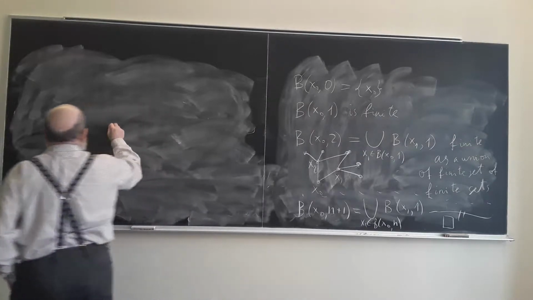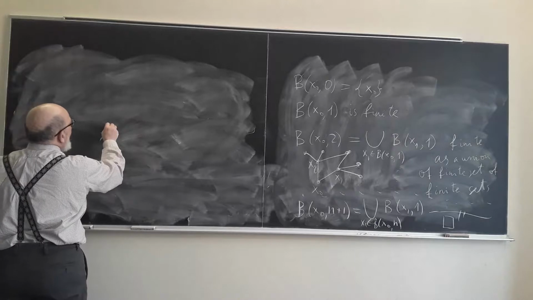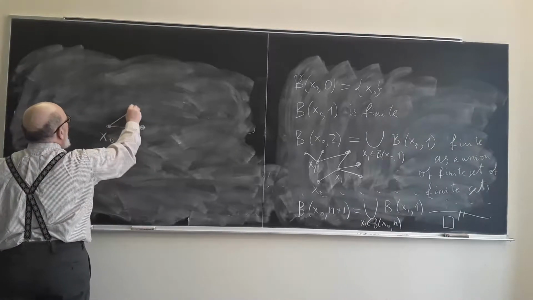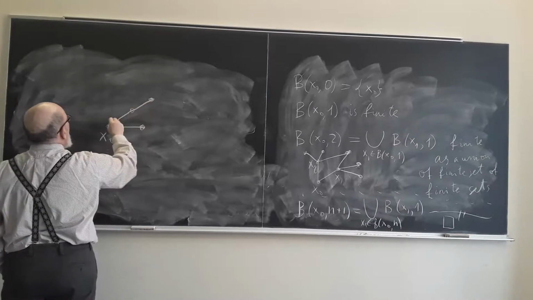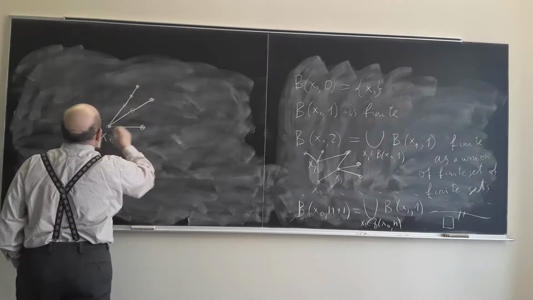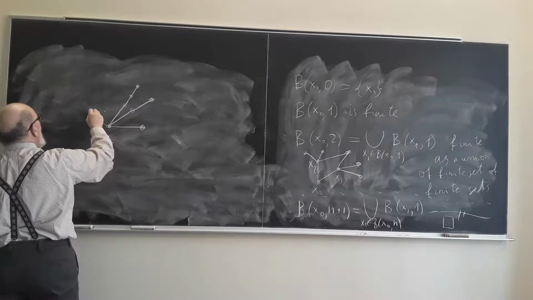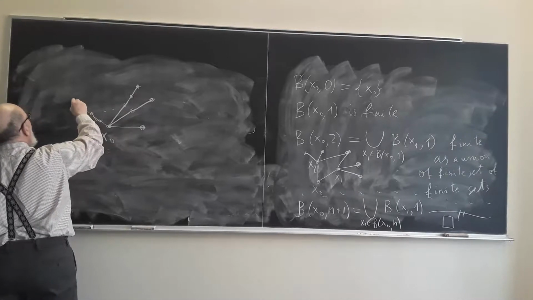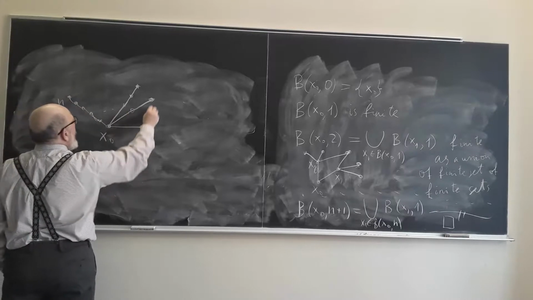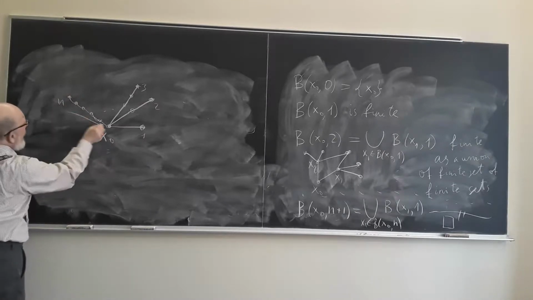The example is the following. We have, say, x0. We have here one edge. Here we have two edges. Here we have three edges, and so on. Here we have the chain of n edges, 1, 2, 3, up to n edges, and so on.